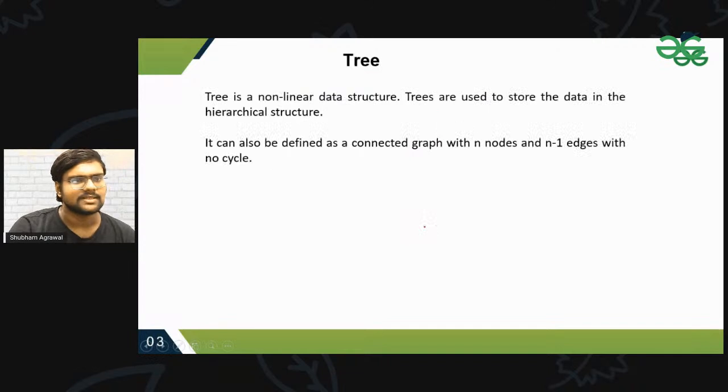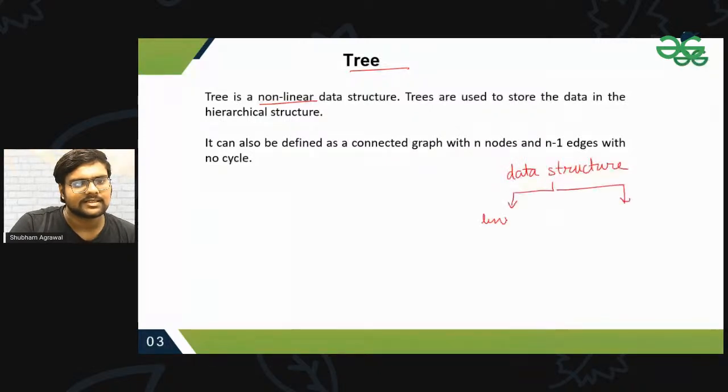Now let's see. A tree is a non-linear data structure. We have studied linear data structures so far, in which we studied arrays, stacks, queues, and linked lists.